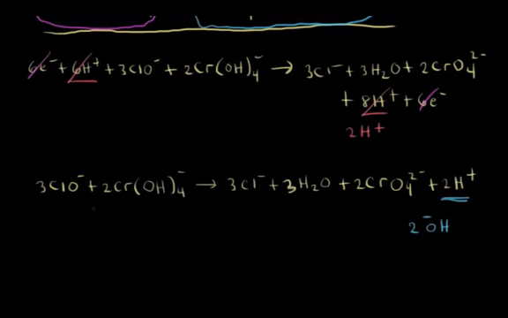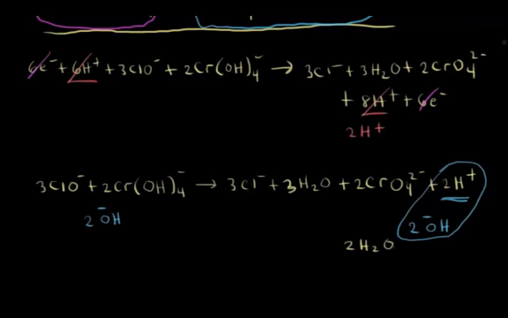So since I added 2 hydroxides to the right, I need to add 2 hydroxides to the left. Now let's think about what adding those hydroxides to those protons will do. They will neutralize each other. If you take H plus and OH minus, you will get H2O. And so we're going to get water molecules, and we're going to get 2 of them since we're neutralizing 2 protons with 2 hydroxide anions.